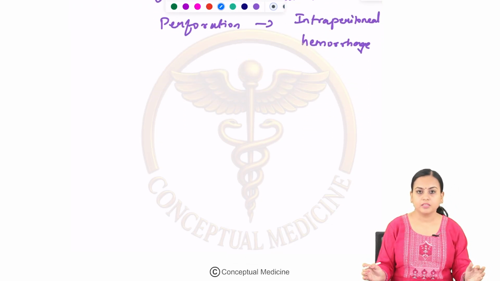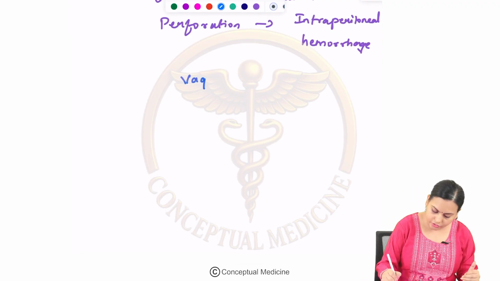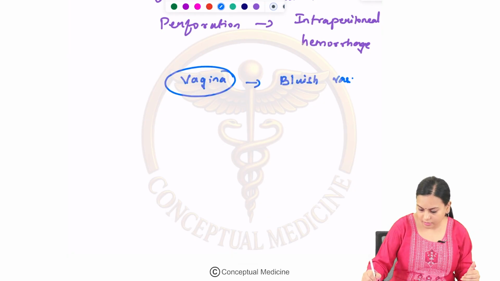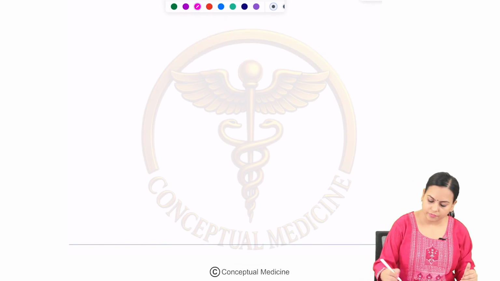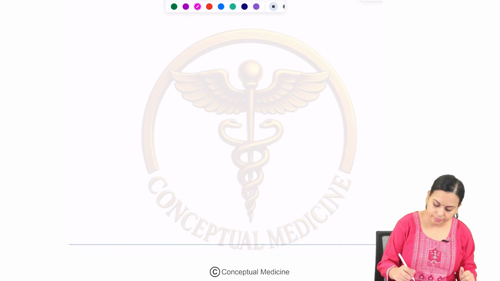In some women, the metastasis of these tumors will go to the lower genital tract, and in the vagina, this will be seen as a bluish vascular mass. Clear? Right. Now let us discuss the investigations you have to offer this woman.